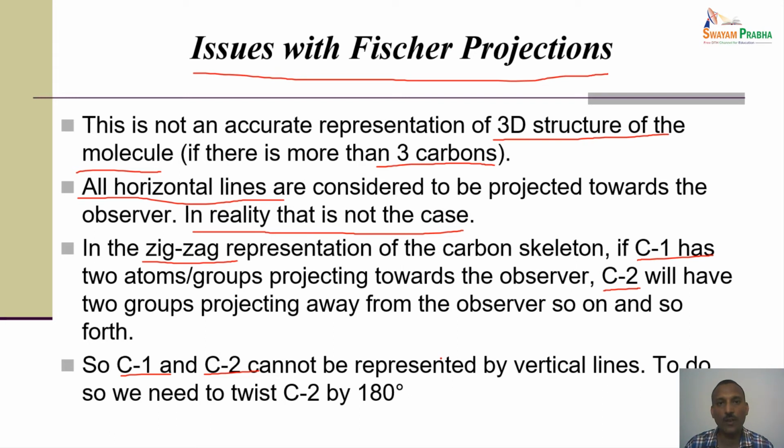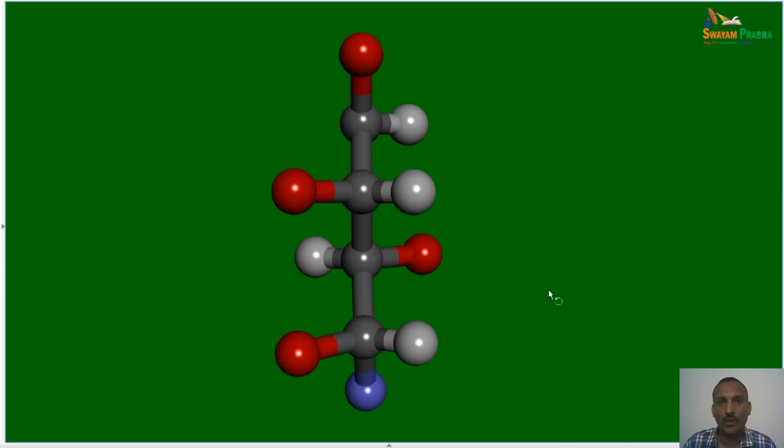Let us look at the three-dimensional representation to understand this problem. Let us look at the limitation of the DL notation or the Fischer notation. What we saw earlier was that the main vertical line is the straight carbon chain, so we don't have to worry about this right now. But what we have to worry about is the horizontal lines.